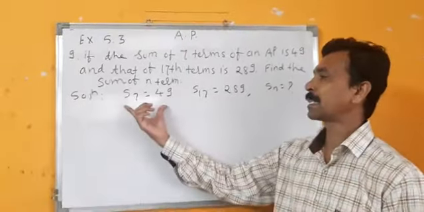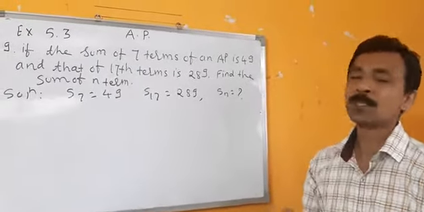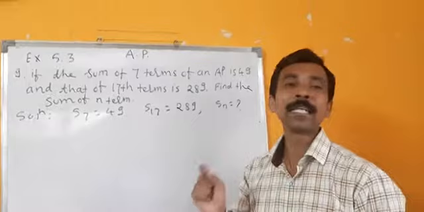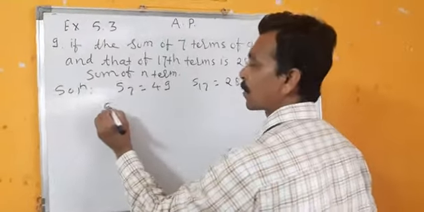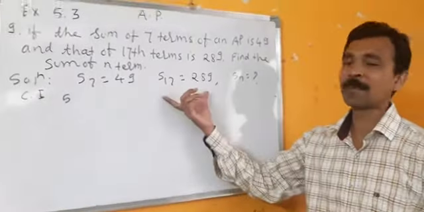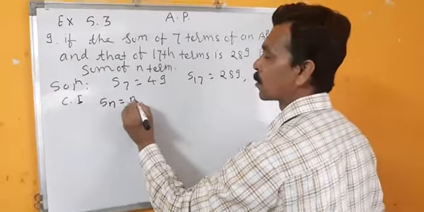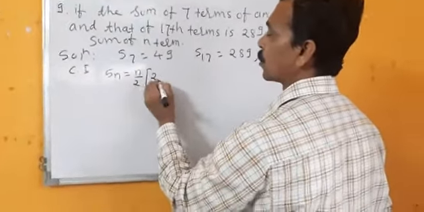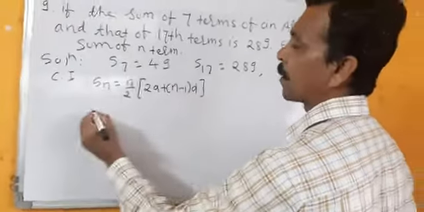We'll use S7 equal to 49 and S17 equal to 289 to get the values of a and d. For that, you have to write case 1 and case 2. For Sn, the formula is Sn is equal to n by 2 into 2a plus n minus 1 into d.